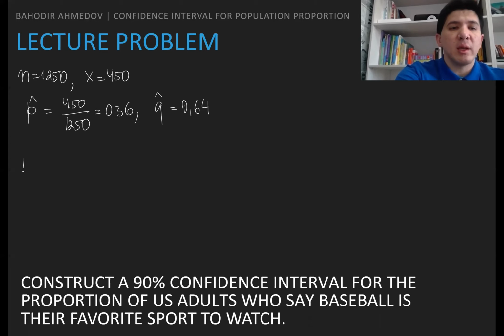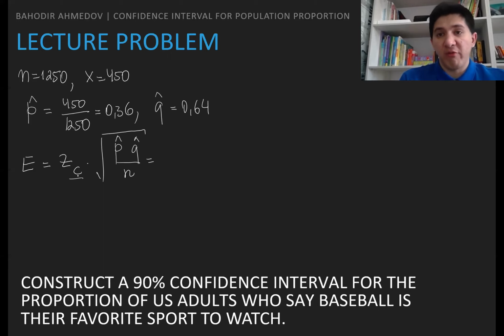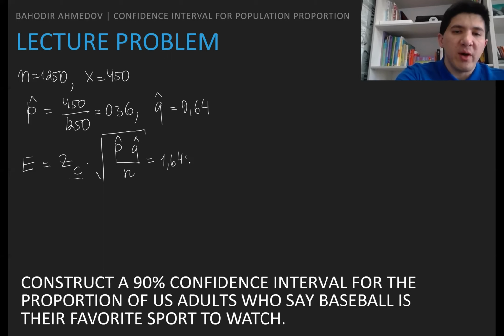And now we can calculate the error estimate. It is going to be equal to the critical point times the square root of p hat times q hat divided by n. The critical point, we found previously. For the 90% confidence level, it's going to be 1.645 exactly.